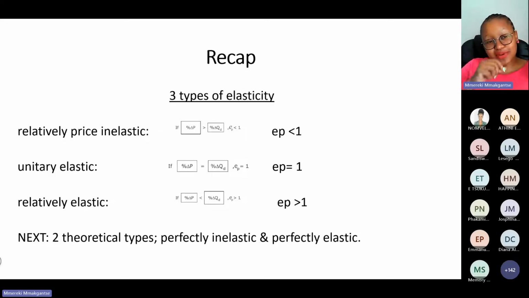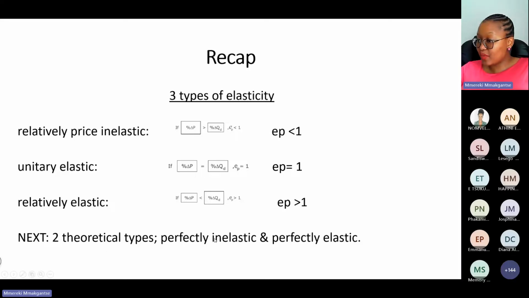Yes, so it's elastic, that one. A smaller change in price might lead to a big change in quantity demanded. Remember our people who eat caviar and those luxurious foods, if prices increase, you don't really have to buy it if you can't afford it.